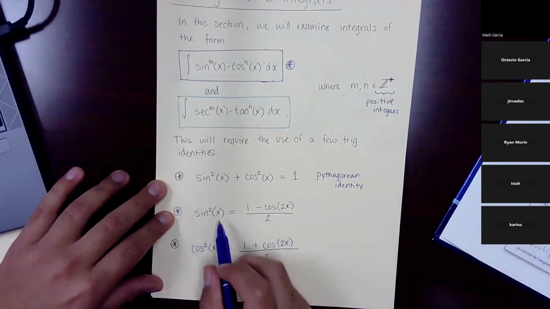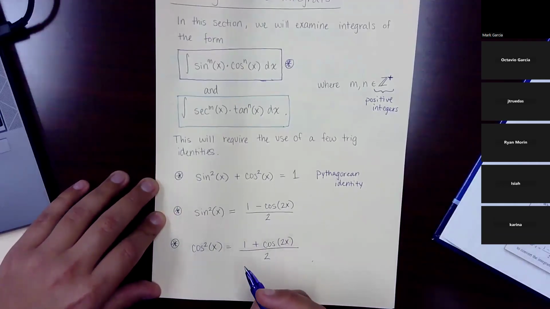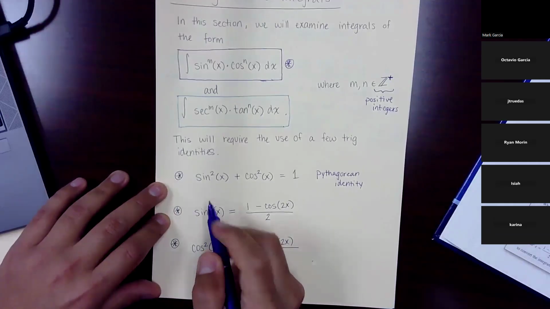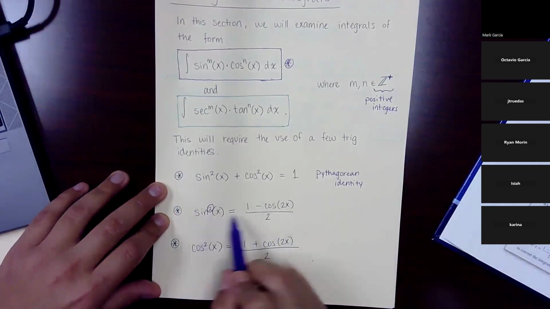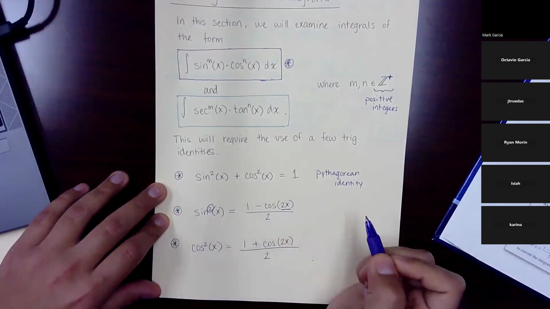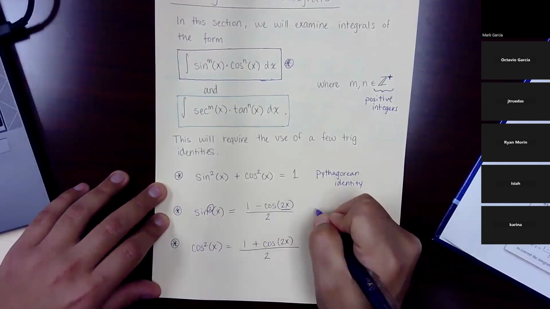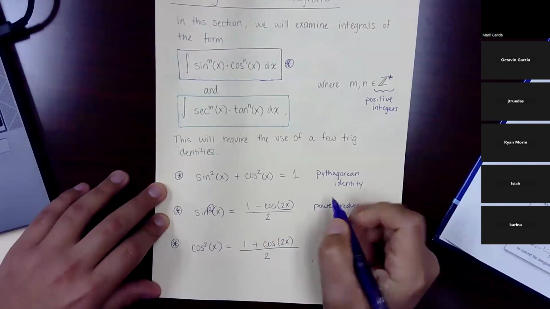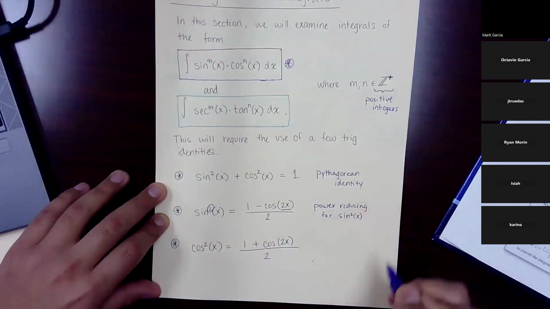Then we have these two formulas down here that we can think of as power reducing formulas. If we ever have a sine squared of x and we want to bring that exponent down, we can convert that to 1 minus cosine of 2x, where the angle inside of the function changes, all over 2. So this is the power reducing identity for sine squared x.